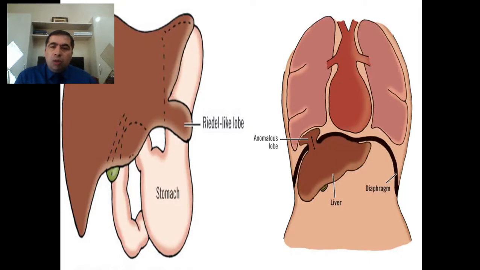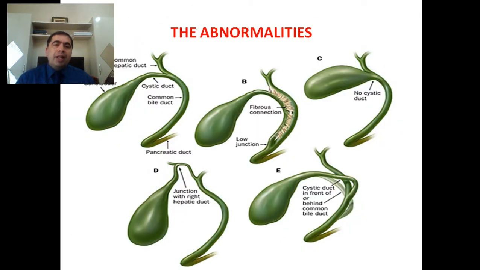And you are also looking at some abnormalities of the liver, such as the riddle-like lobe, when the liver forms an accessory lobe, and the liver can also protrude into the thoracic cavity, forming an anomalous lobe. There are abnormalities of the connection between the cystic duct and the common hepatic duct.